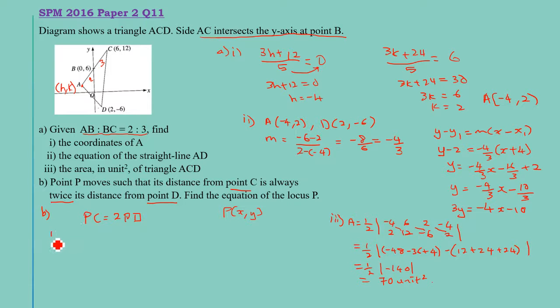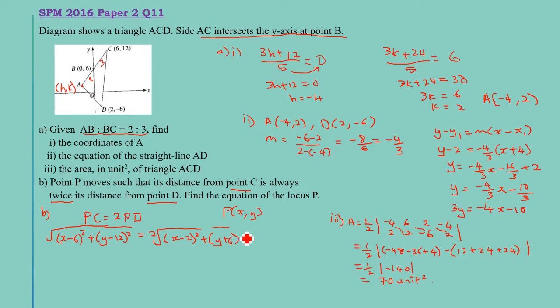So let's form the equation for the distance. So you have PC: the square root of x minus 6 squared plus y minus 12 squared equals 2 times the square root of PD. So you have x minus 2 squared plus y minus -6, so it becomes +6.